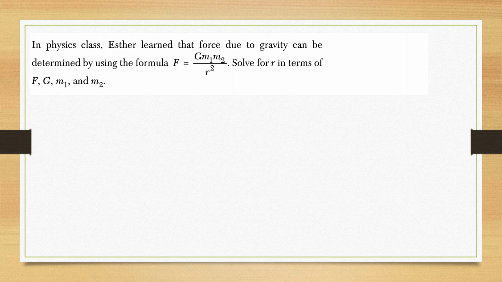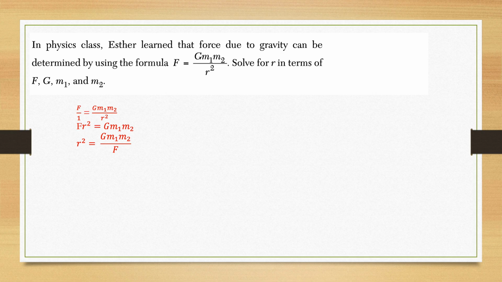Okay, so one way to attack this is to cross multiply it. So I just put the f over 1, cross multiply, and I get f r squared equals g m sub 1 m sub 2. Now I want to solve for r, which means get r all by itself. And the first thing that's bad is that f, so I divide both sides by f.